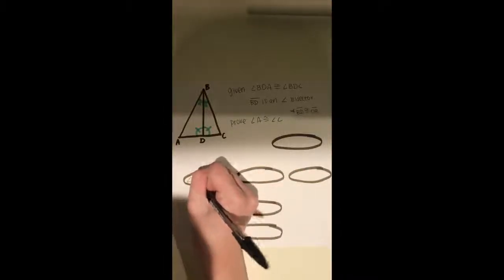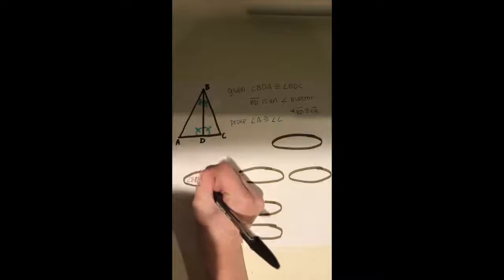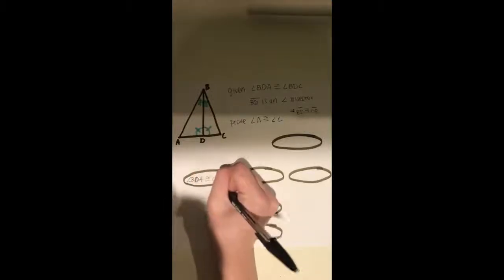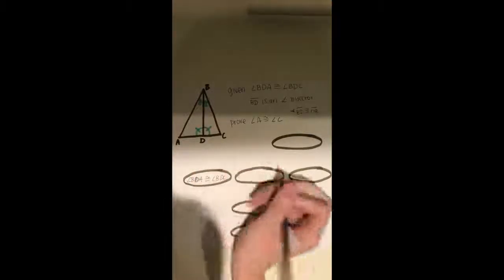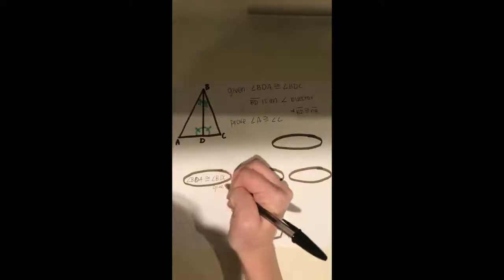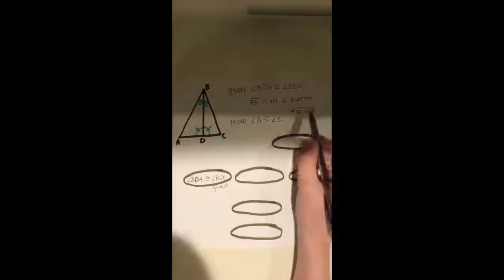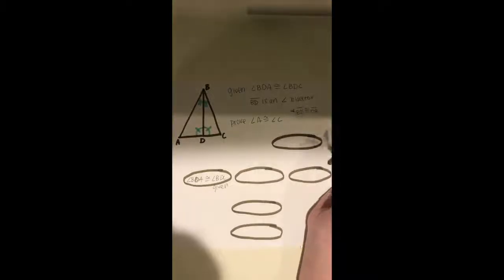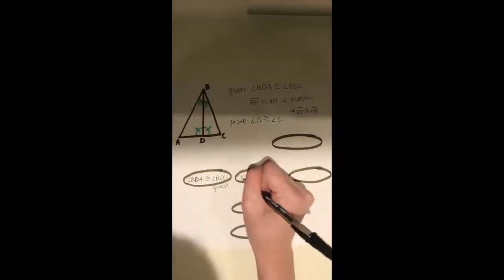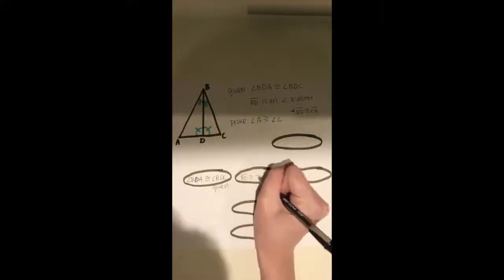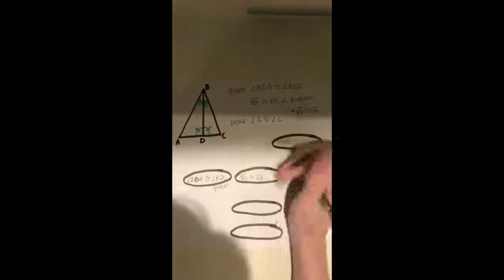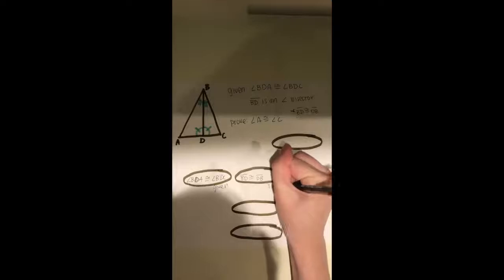Angle BDA is congruent to angle BDC, and that's given. The other thing we have is the shared side we figured out. So line BD is congruent to line DB. This is the shared side.